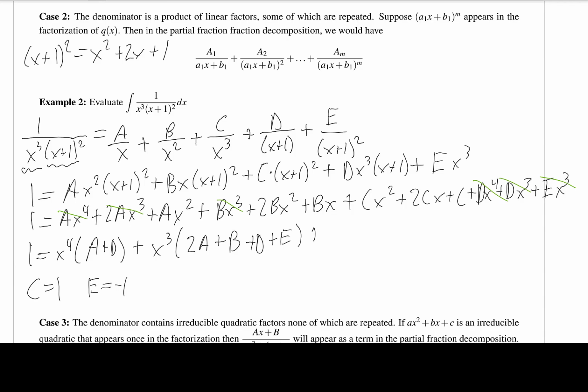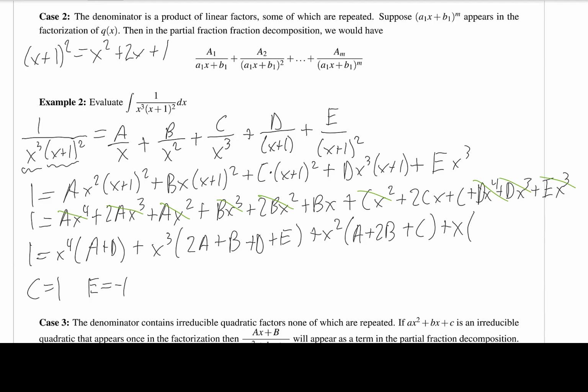Alright, then we're going to look for our x squareds. And so I'll get an ax squared, a 2bx squared, so it's going to be a plus 2b. And then we've got a cx squared, so this becomes plus c. Now I'm going to start looking at the ones that have just x next to them.